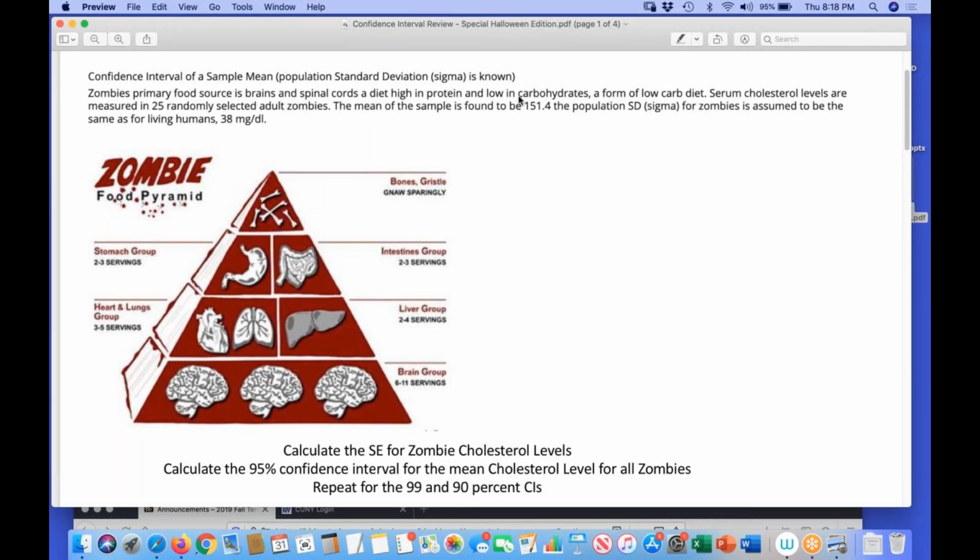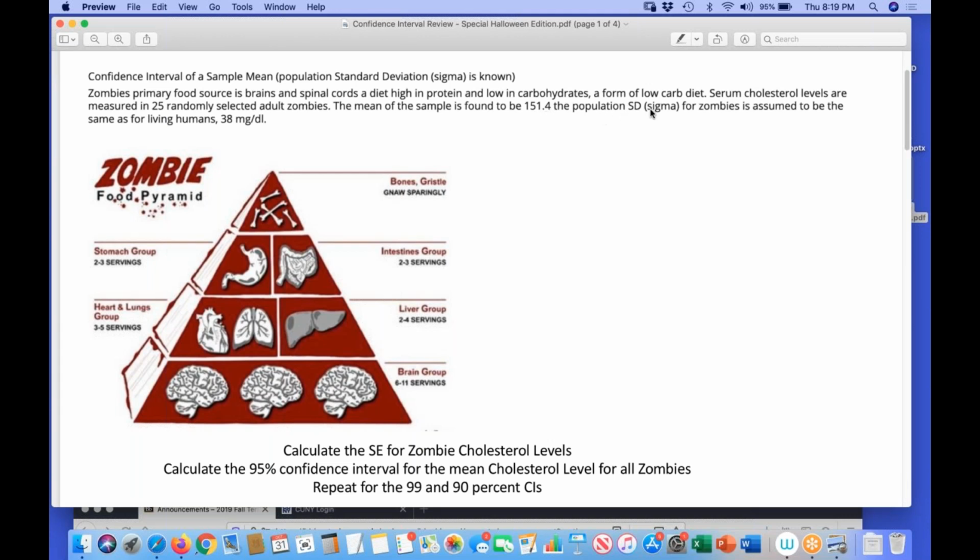The zombies' primary food source is high in protein, carbohydrates, and serum cholesterol levels. We captured 25 adult zombies, and we measured their cholesterol levels, and we found that the sample mean was 151.4, and I guess, what is that, milligrams per deciliter or something like that? 151.4 is the mean of our sample.